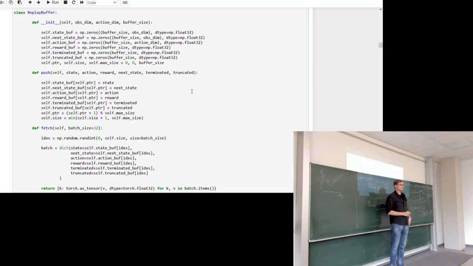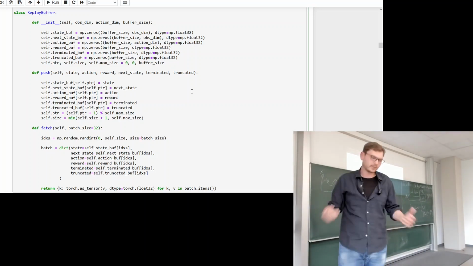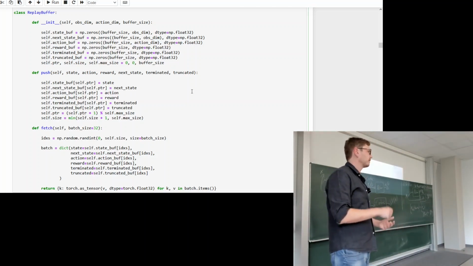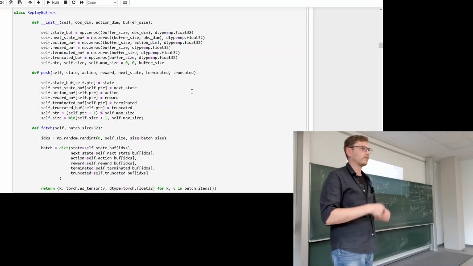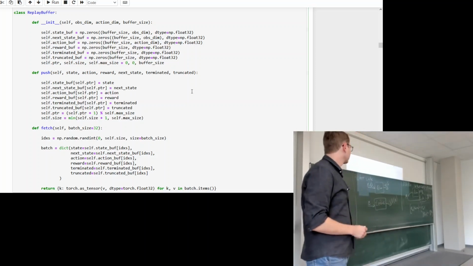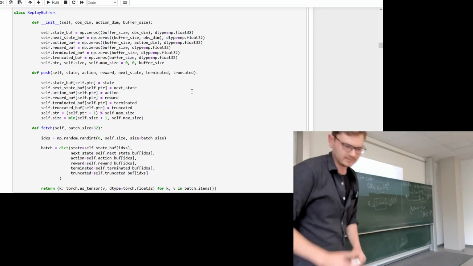Take information out of that more than once, so to say. So this is the idea of a replay buffer. So basically just some memory where we save our state transitions, save some history of what we did and what we measured to use it later.